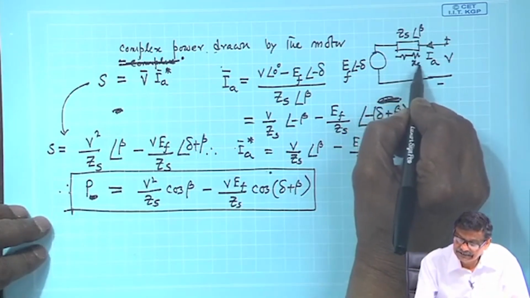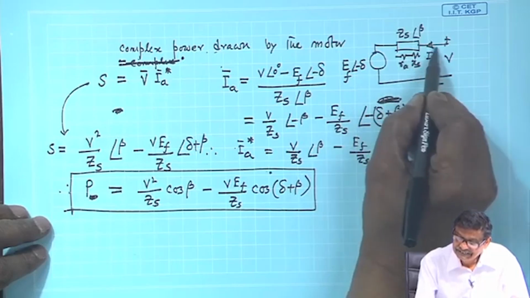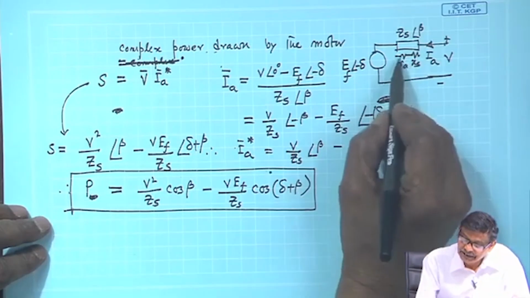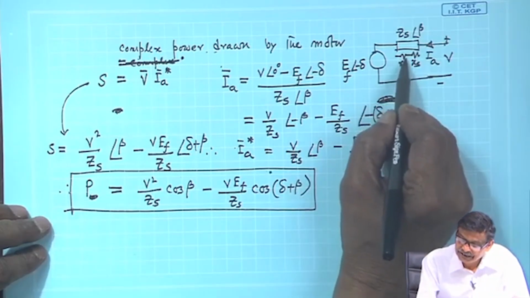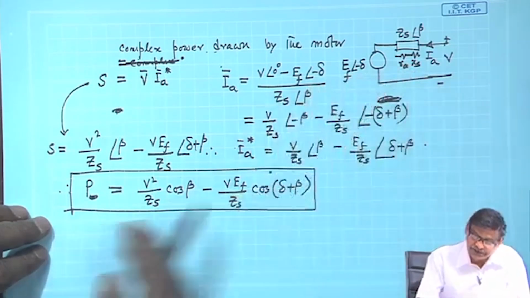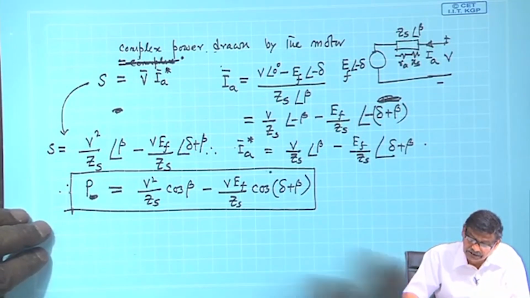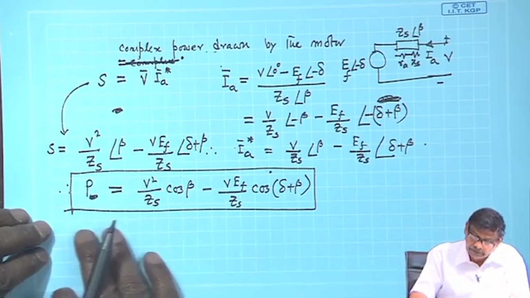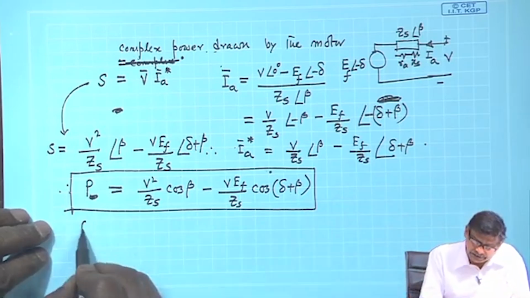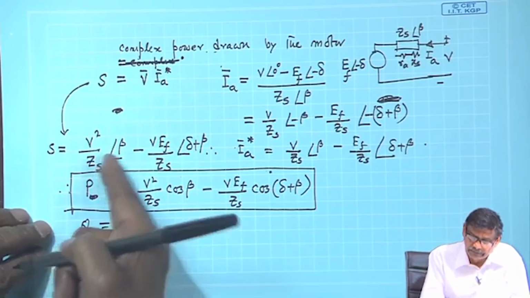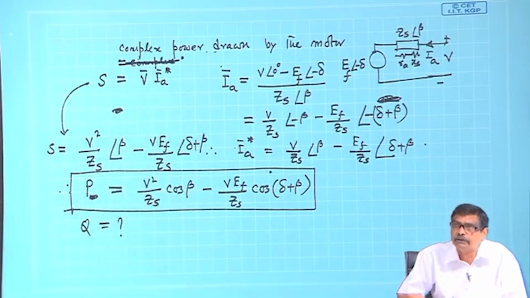The real power drawn is this, of which a portion will be lost in I A square R A, and the remaining portion will do the mechanical work. That way, when you do the numericals, you will come to know. Similarly I can find out Q, which I am not doing, the imaginary part, how much reactive power it is drawing.